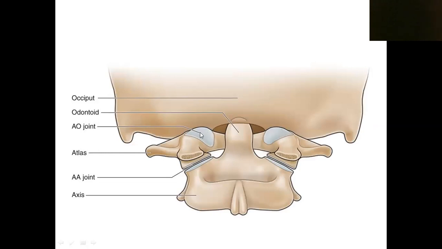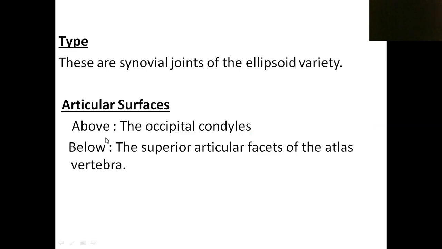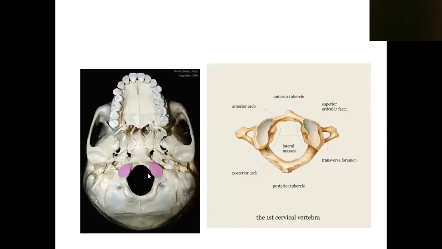This superior articular surface of the atlas joins with the occipital condyle to form the atlanto-occipital joint. So, it is an ellipsoid variety of synovial joint. Articular surfaces: superiorly the occipital condyles, inferiorly the superior articular facet of the atlas vertebra.